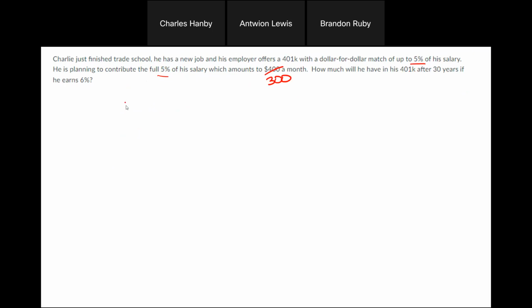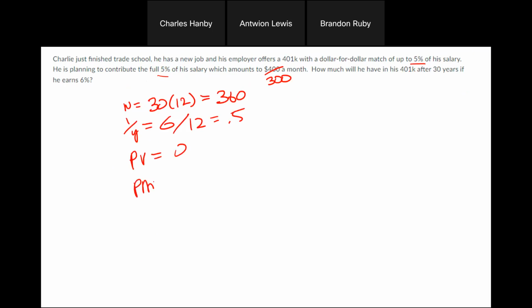So in 30 years, monthly, I/Y is 6% divided by 12, so that's 0.5. PV again is 0.